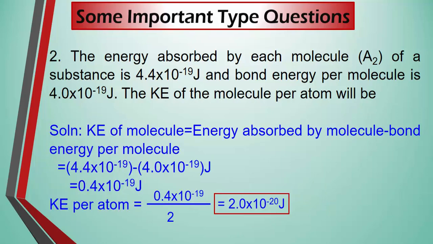Let's see how to do the calculation for this. Kinetic energy of a molecule is given by the formula energy absorbed by a molecule minus bond energy per molecule. This is a simple formula you should remember.